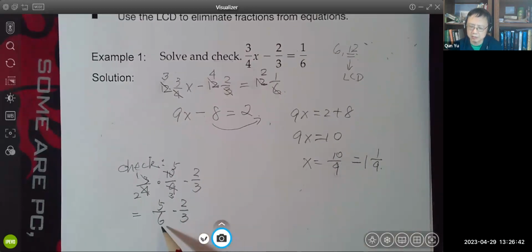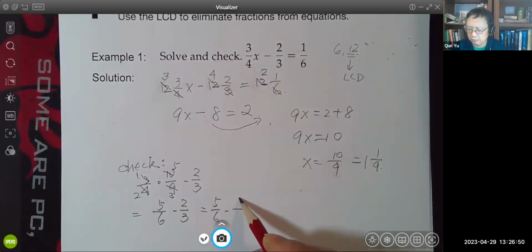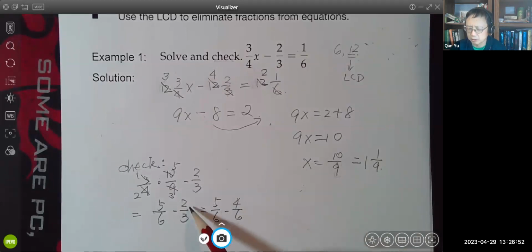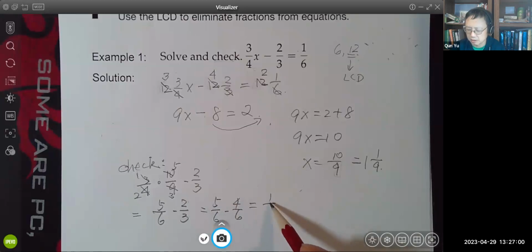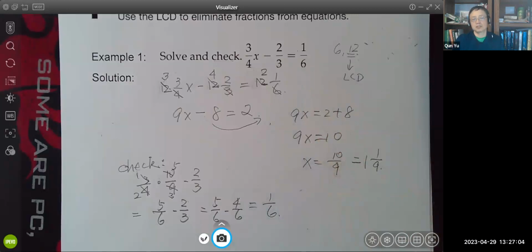Apparently the common denominator is just 6 because 6 is also a multiple of 3. So this one can be written as 5/6 minus 4/6. If we multiply the top and bottom by 2, we can make the denominator become 6, right? Now 5/6 minus 4/6, that's 1/6. So we get a correct answer. So 1 and 1/9 is our solution.